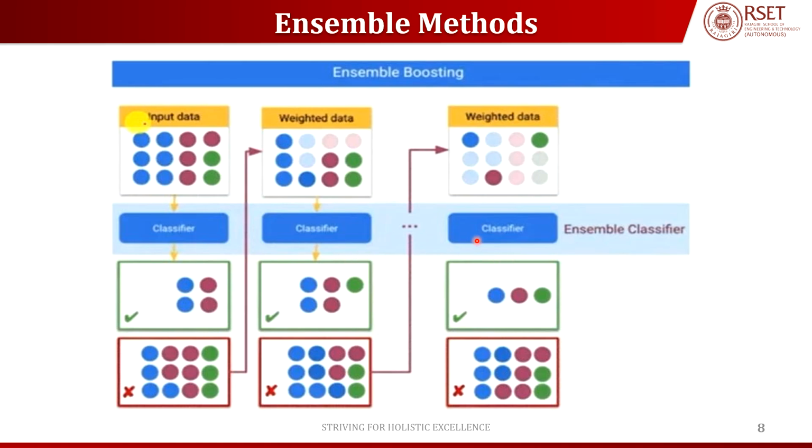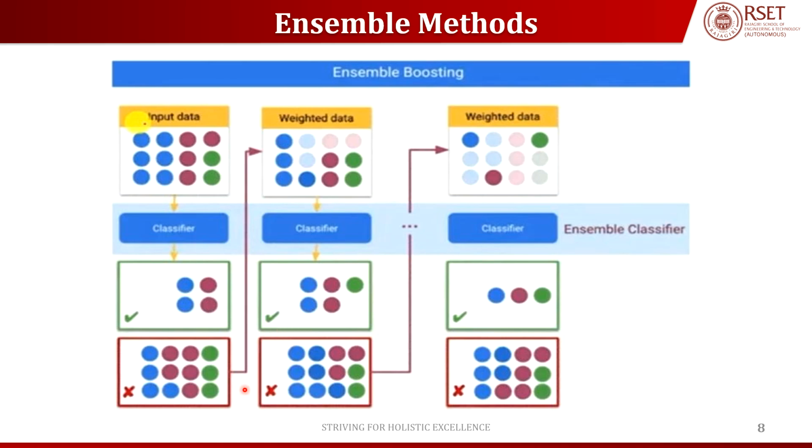So this diagram helps visualize the boosting process. In the first step, our classifier tries to predict the input data. As you can see, some data points are misclassified. In the second step, we create a weighted data set where the misclassified points now have a higher weight.